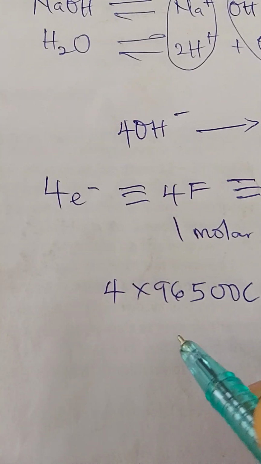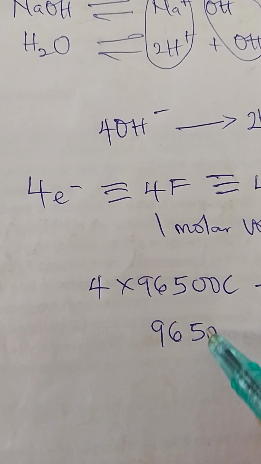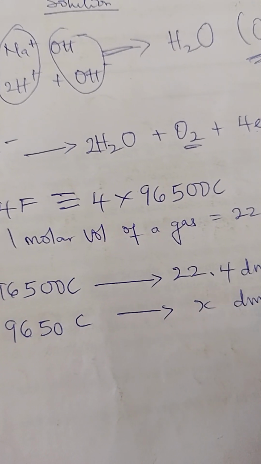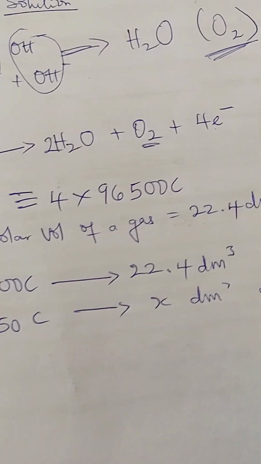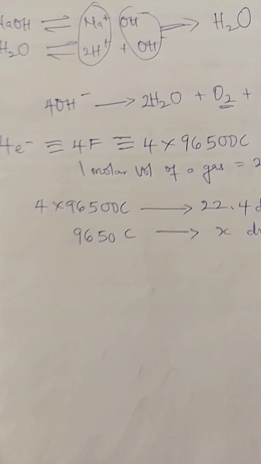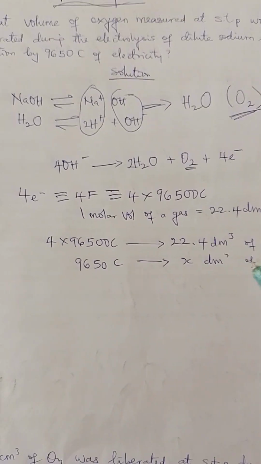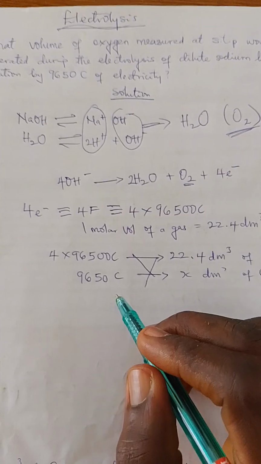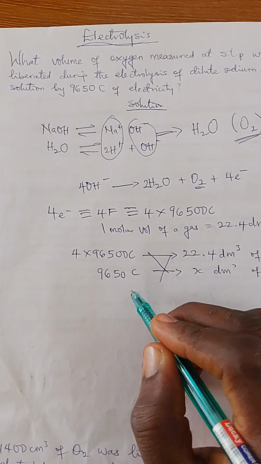So now you bring it here: 9,650 coulombs gave an unknown volume of oxygen. That's what the question is saying. So the next is for you to express it mathematically. You cross multiply, and when you do that, you are going to have x.